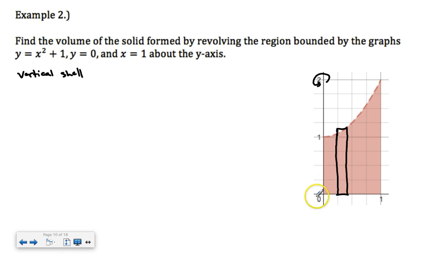I know that my limits of integration should be between 0 and 1 then. My radius here, since it's a shell method and it's vertical, will be x. And then the height of the rectangle will be x squared plus 1.